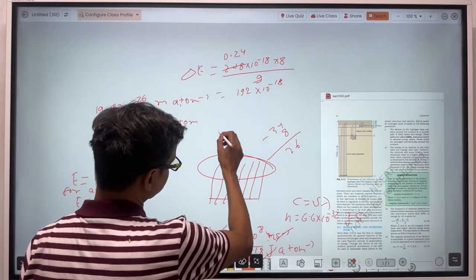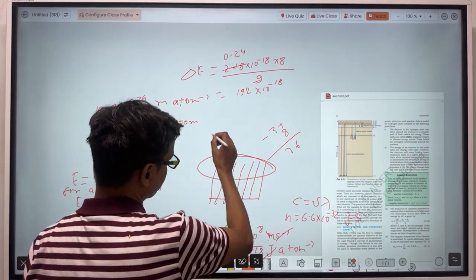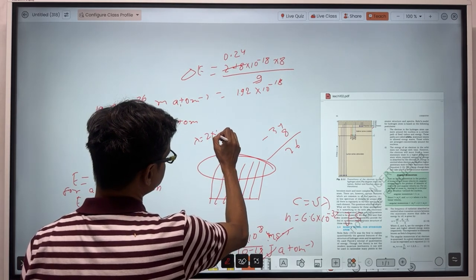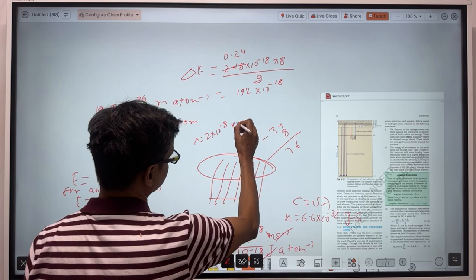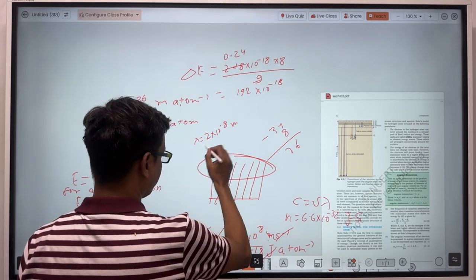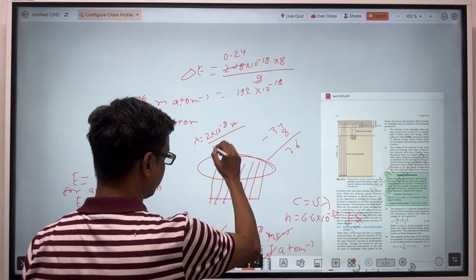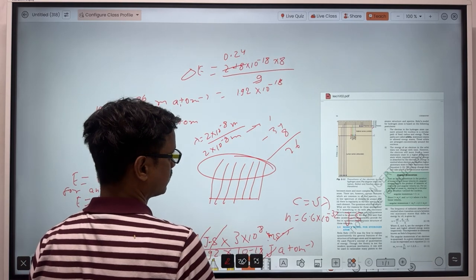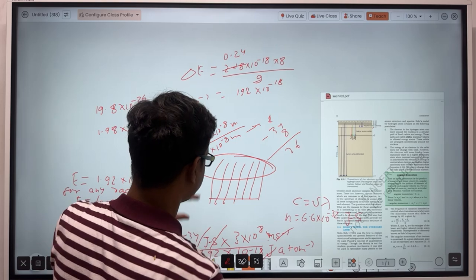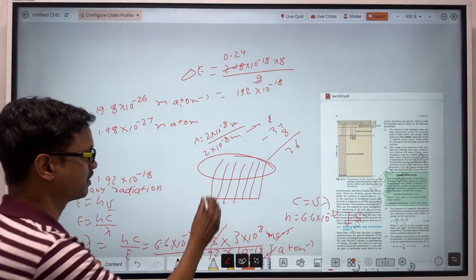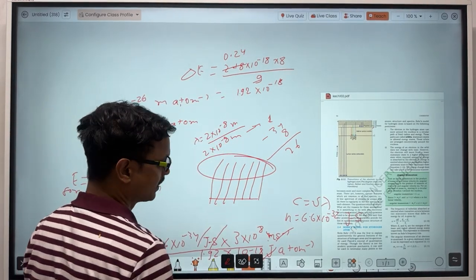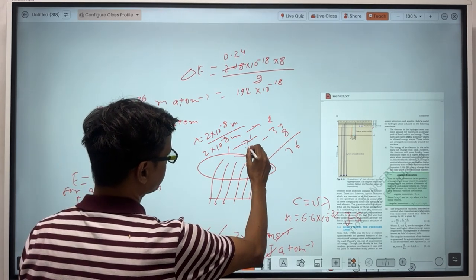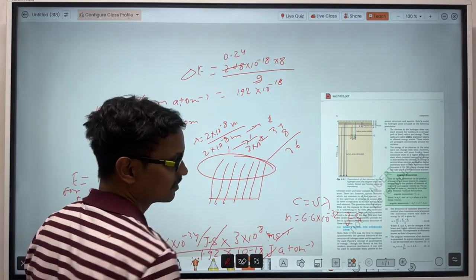And suppose here in 1 meter, suppose their wavelength is 2 into 10 to the minus 8 meter. So here when there will be 2 into 10 to the minus 8 meter, then number of wave will be 1. So when there will be 1 meter distance, then number of wave will be 1 upon 2 into 10 to the power minus 8.